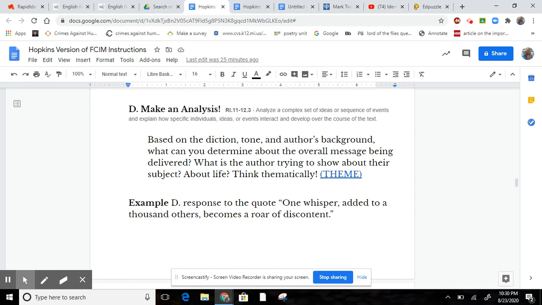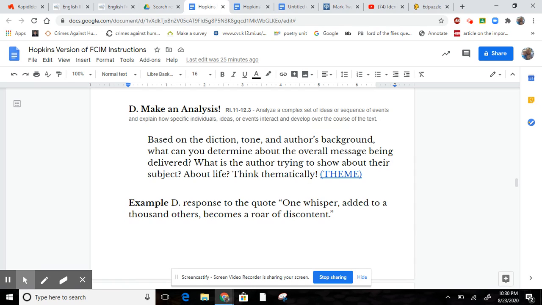So, based on the diction, based on the tone, based on the author's background, A, B, and C, what can you determine about the overall message being delivered? What is the author trying to show you about their subject, about life? And all of this is just a different type of questioning for you to get to theme.